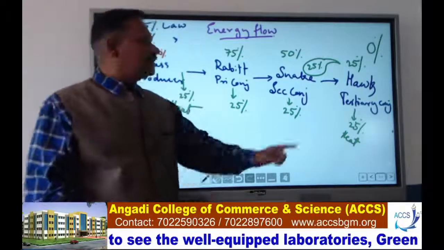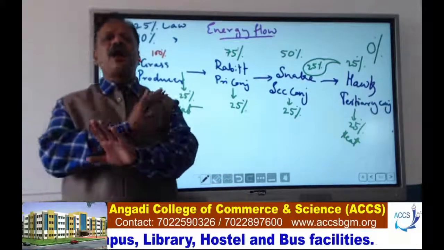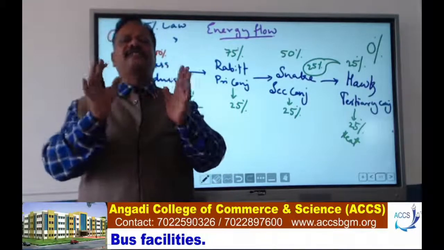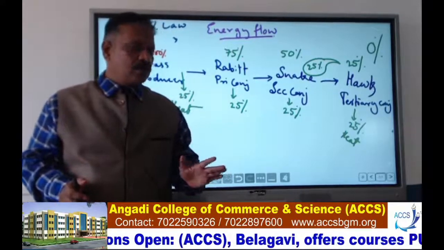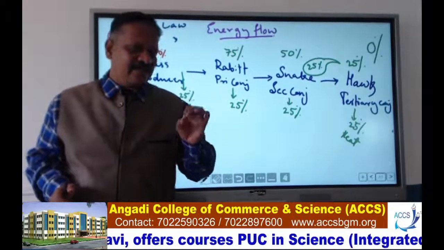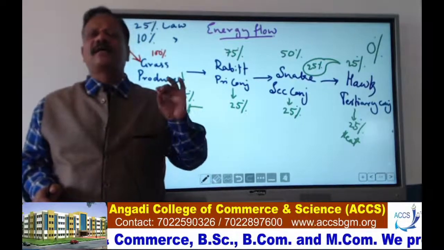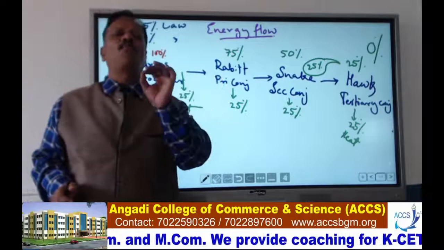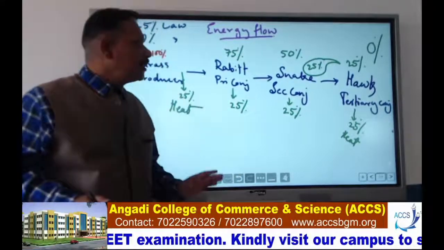Because of that, the larger carnivores are not eaten by any other organisms in nature except decomposers. So the lion, cat and tiger are not eaten by other organisms except vultures. Vultures can eat anything.